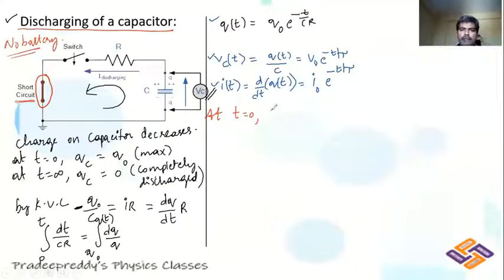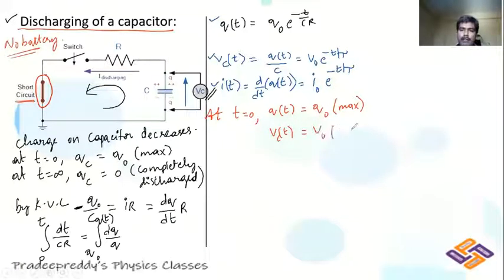Q of t: e power 0 will be equal to 1, so Q of t will be equal to q naught. This is maximum. Next, at t is equal to 0, what is V of t? Voltage across the capacitor will be V naught into e power minus t by tau, so that will be V naught.